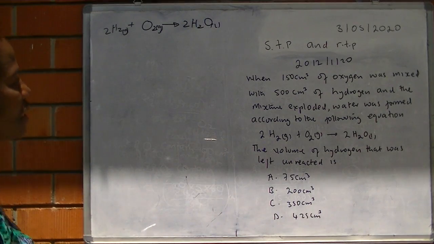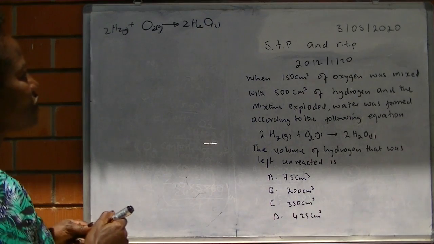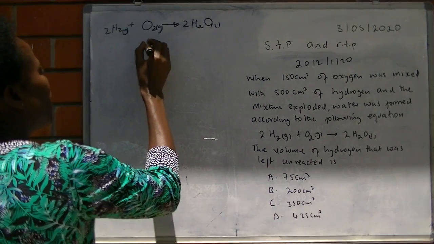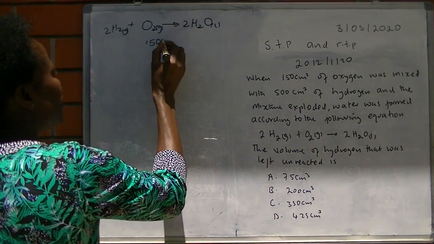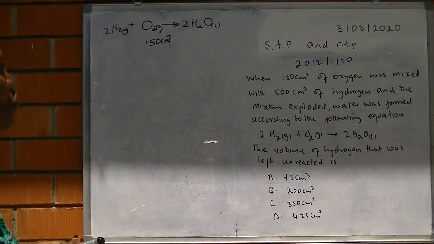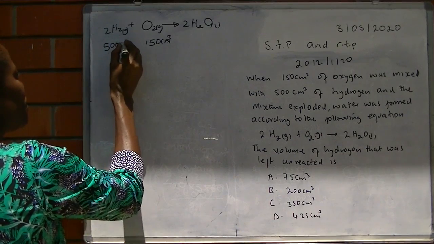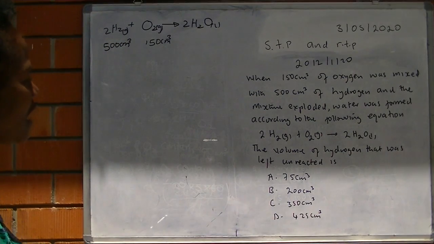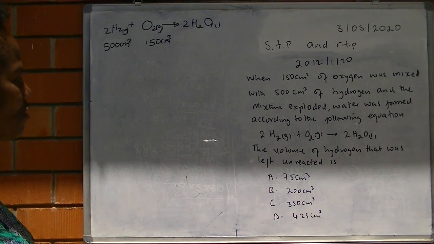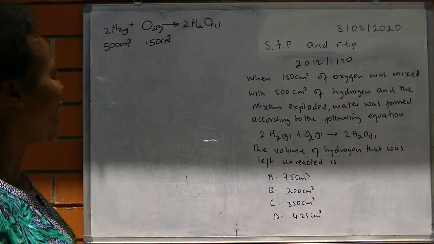Back to the question. 150 cubic centimeters of oxygen was mixed with 500 cubic centimeters of hydrogen, and the question requires us to find the volume of hydrogen that was left unreacted.